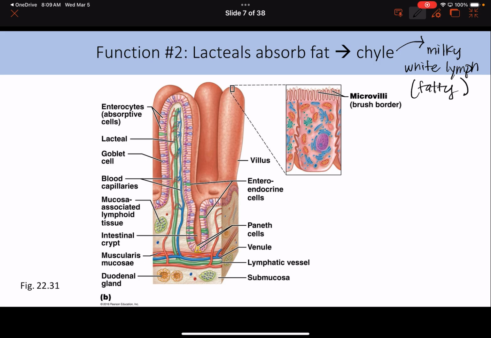So what you're seeing on this image here are intestinal villi. You should have learned about villi and microvilli in Bio 32. Does anybody remember what this tissue type is that lines our intestines? Simple columnar epithelium.